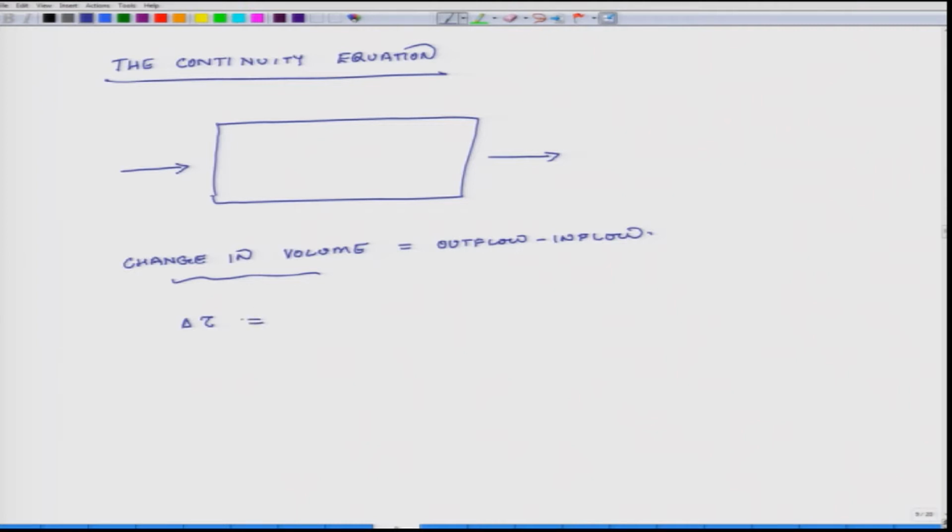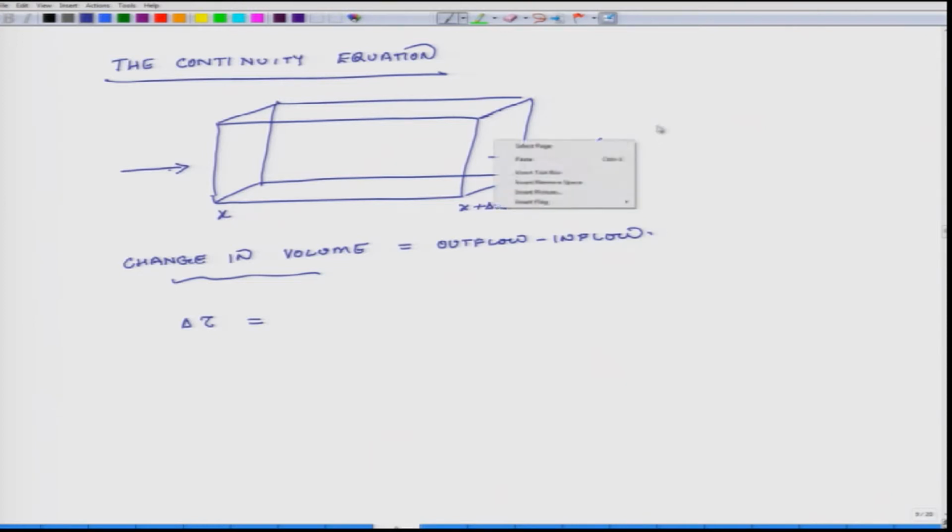And what is outflow? If I look at this 3D volume element, then what is outflow? Outflow is whatever is the velocity here. So, this is location x, this is location x plus delta x, then the velocity is u at location x plus delta x and time t.